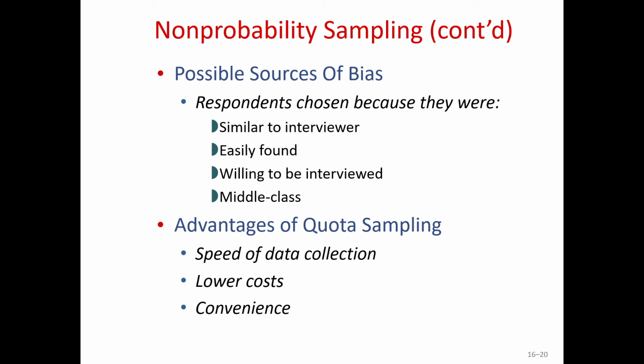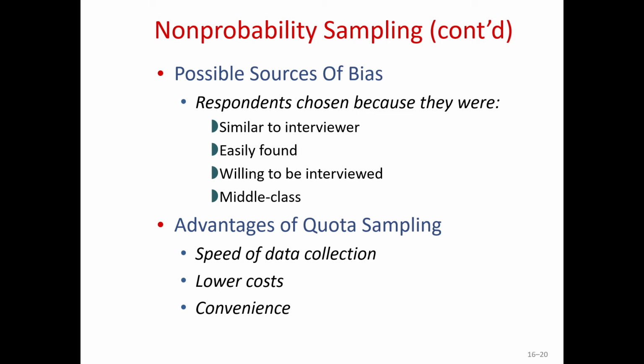Quota samples tend to include people who are easily found and willing to be interviewed, and field workers are given considerable leeway to exercise their judgment concerning the selection of the actual respondent.